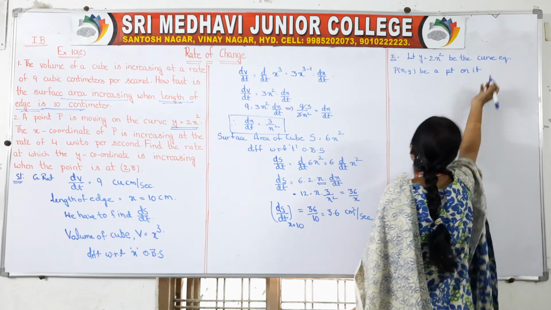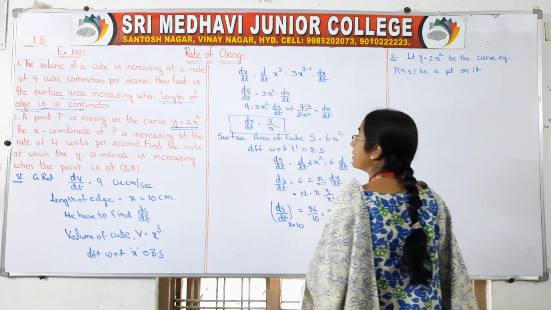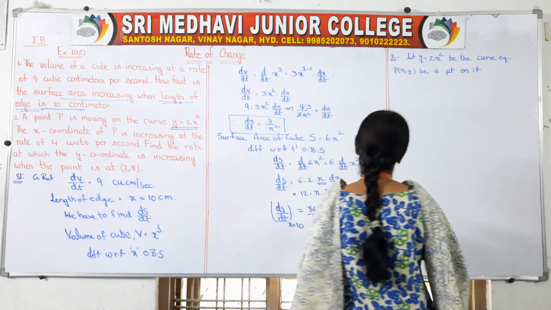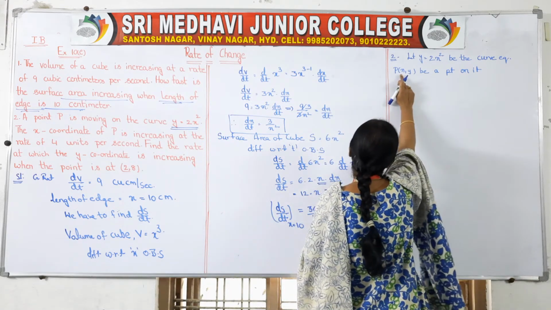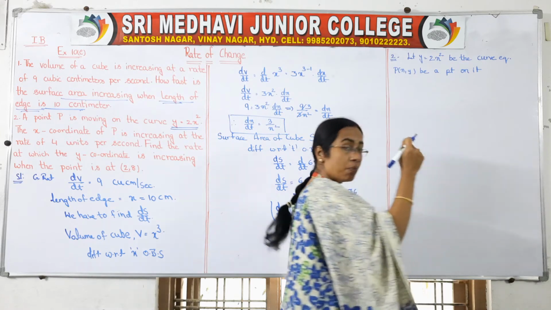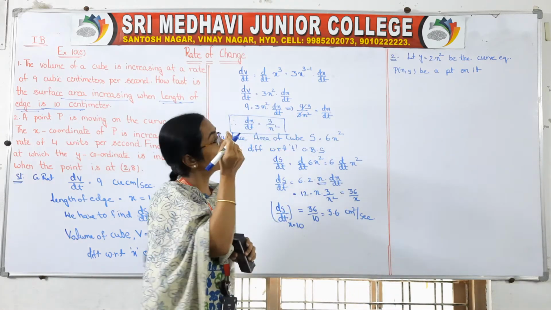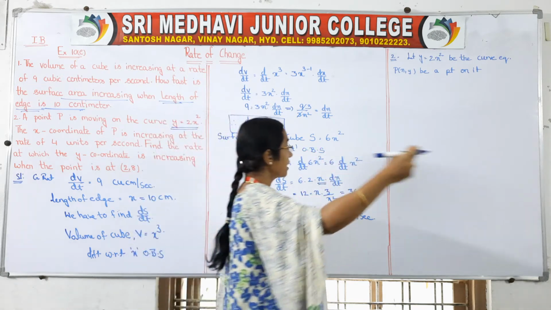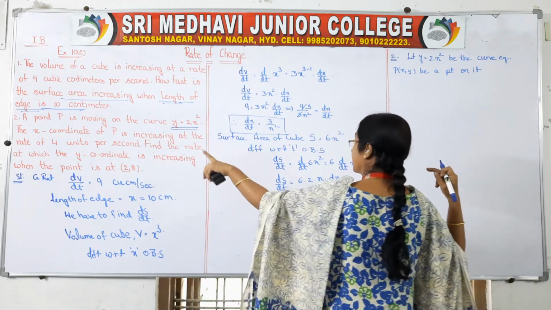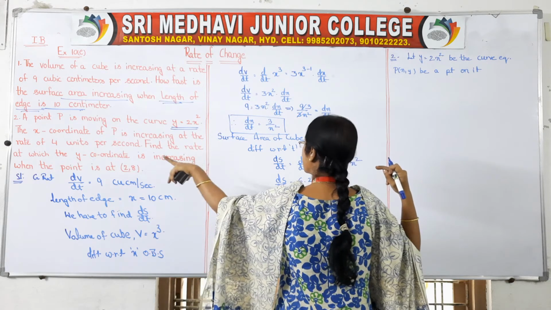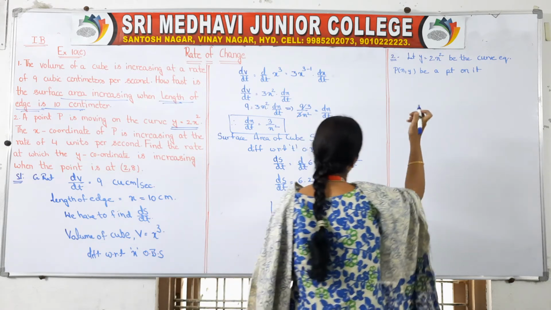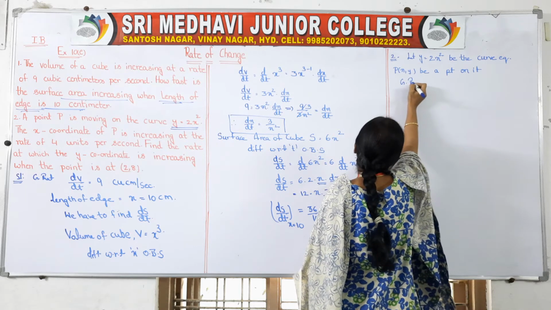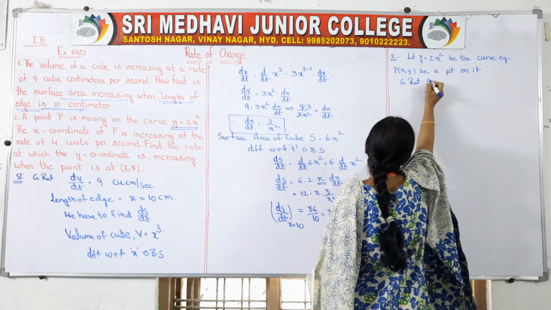We have taken P as (x, y), so its x coordinate is x and its y coordinate is y. The x coordinate of P is increasing at the rate of 4 units per second.